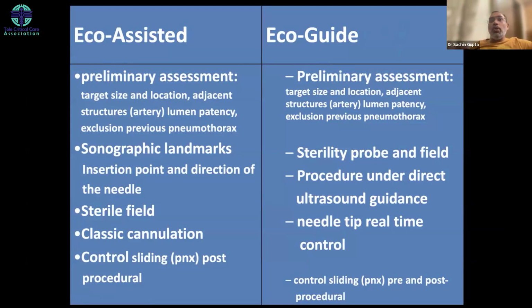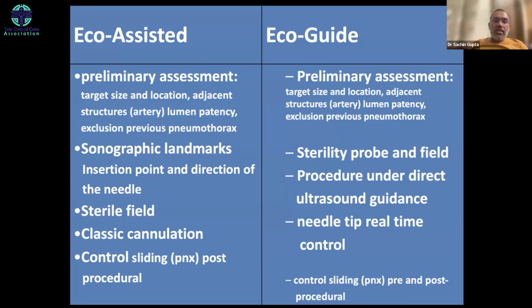You also want to exclude any previous pneumothorax, because that doubt should never come: is this pneumothorax because of my procedure? You do this similar examination when you're doing an echo guidance or an ultrasound guidance procedure as well. Then for assisted, you always look for the insertion point and direction of the needle.